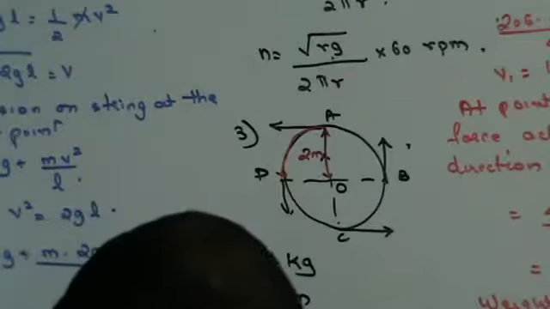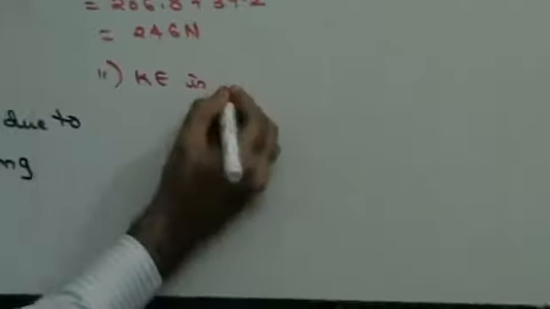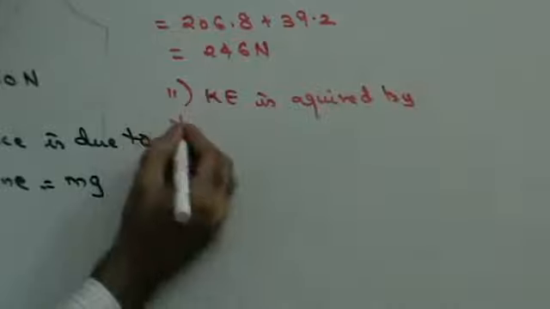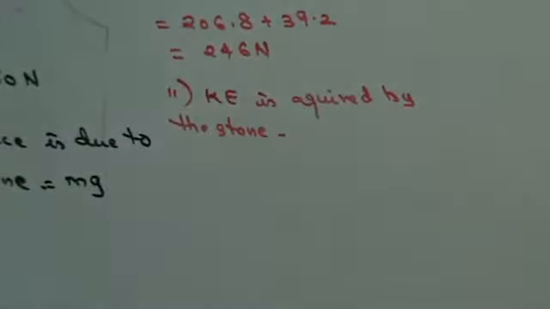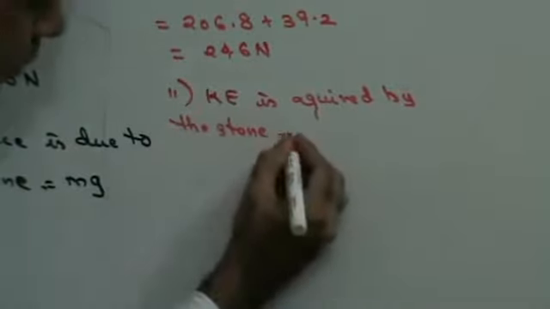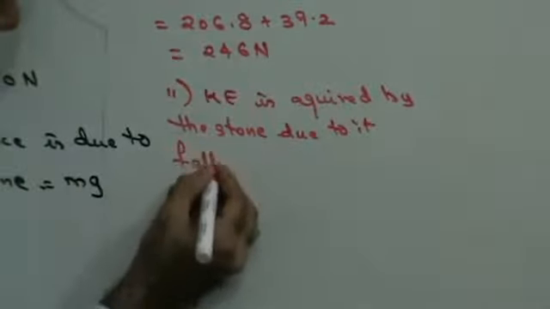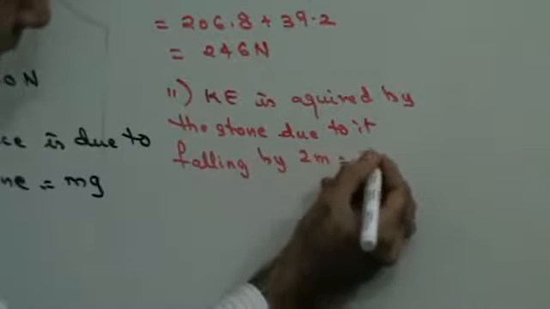So let's find out. Here the kinetic energy is acquired by the stone. Kinetic energy is acquired by the stone due to it falling by 2 meters. Due to it falling by 2 meters, it is going to be mgh.